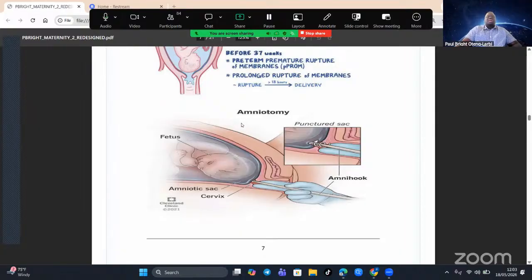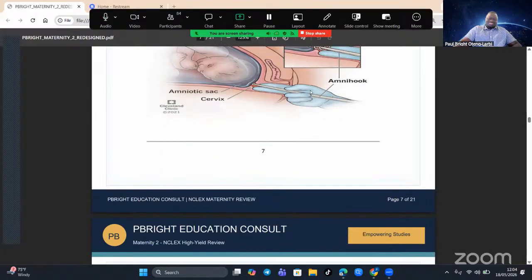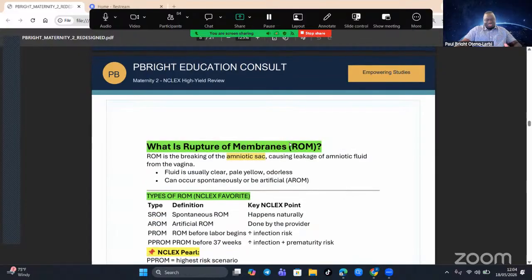We call it the amniotomy. You puncture it. You see the hook, this instrument. You put it inside with your hand and rupture it.